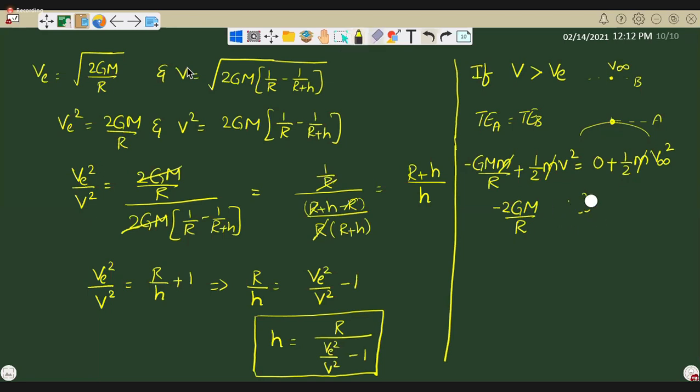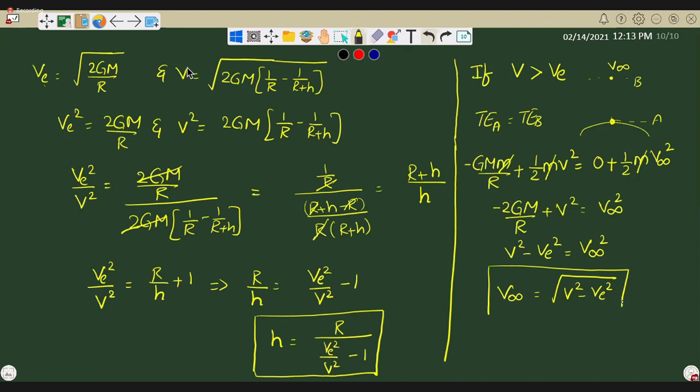Okay, we'll do one thing. What is your 2GM by R? It is VE square. Correct. So this becomes v square minus VE square is equal to v infinity square. So v infinity is under root of v square minus VE square.